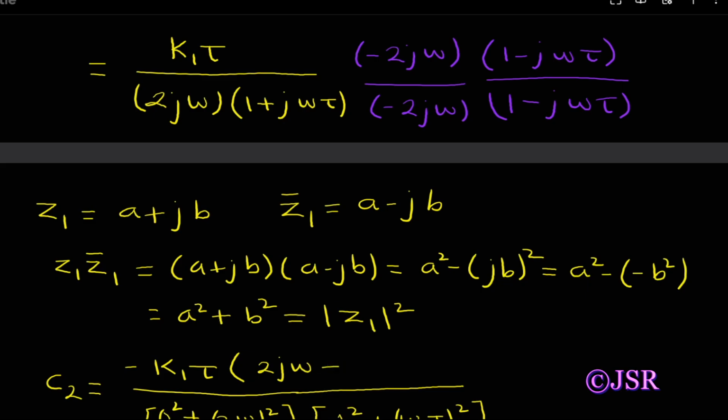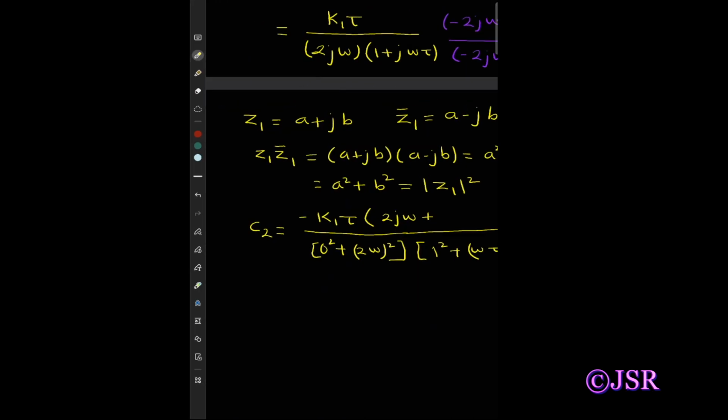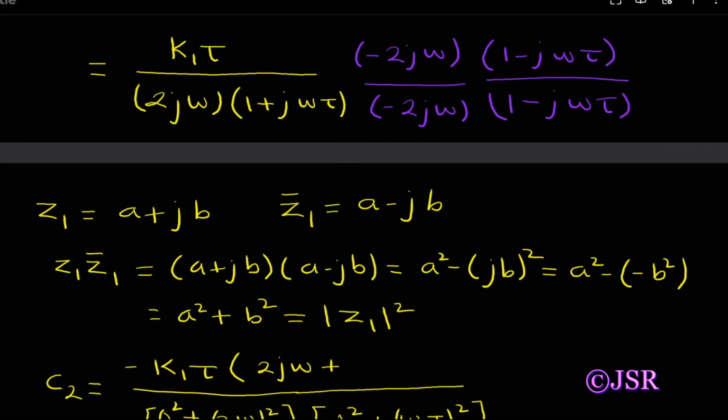Taking the minus sign out, we have 2j omega times (1 minus j omega tau), so minus minus becomes plus, and we get minus 2j omega into j omega tau, so minus j square, that is plus 1, and we have omega square tau.